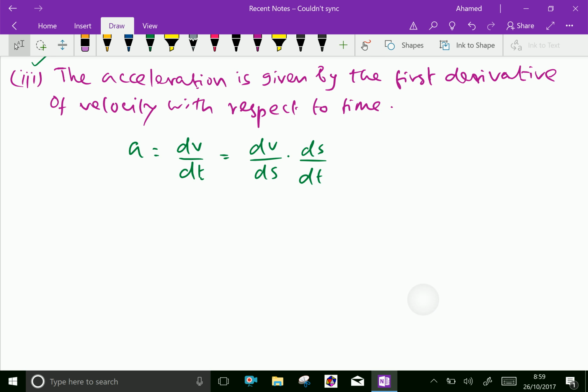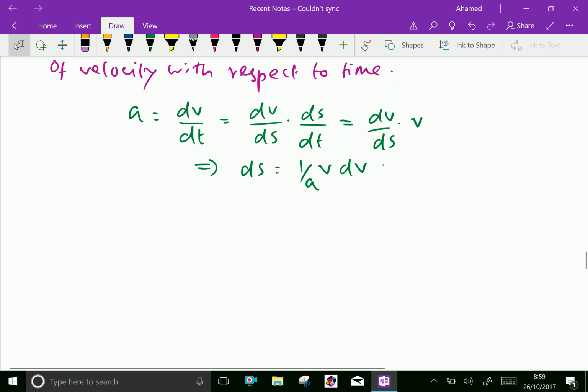Since we already know ds by dt is v, a equals dv by ds times v. Therefore we can say ds equal 1 by a v dv.